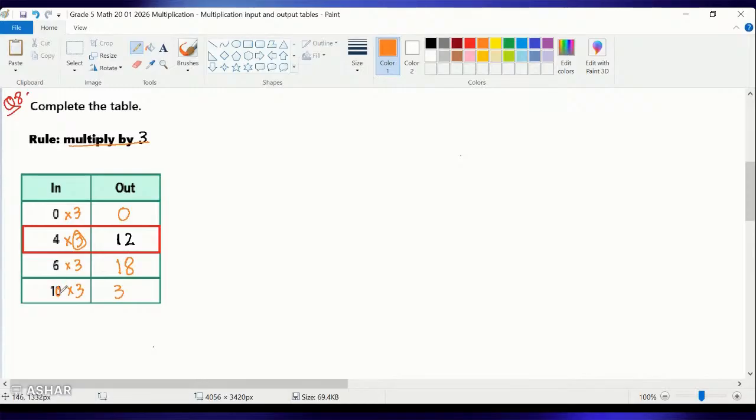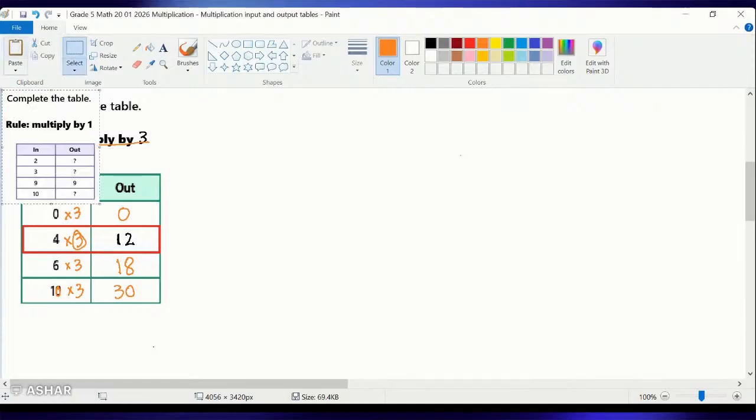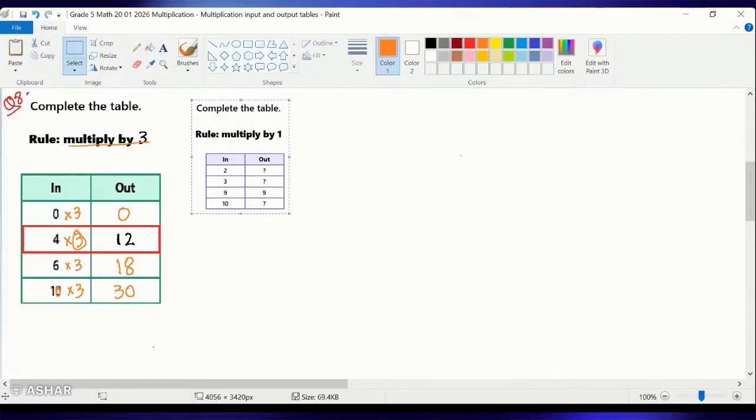We simply put 1 0 over here. Okay. So what we did was we changed the rule of multiplication and we made a new question out of it. Okay. So let's go back. Let's look at another question. The next question we have is, it says complete the table, rule multiply by 1. And the rule that we have is multiply by 1.